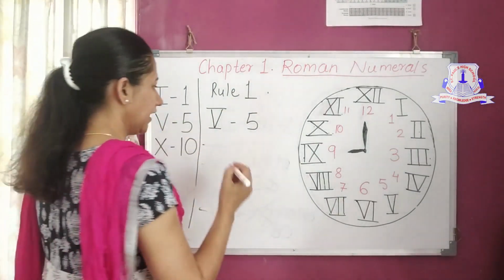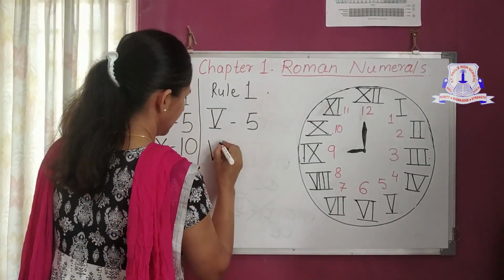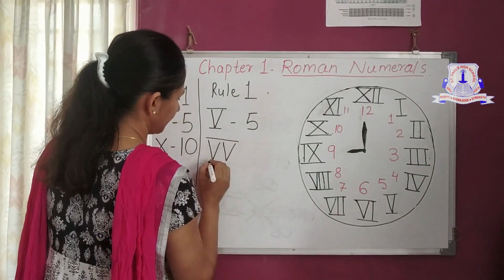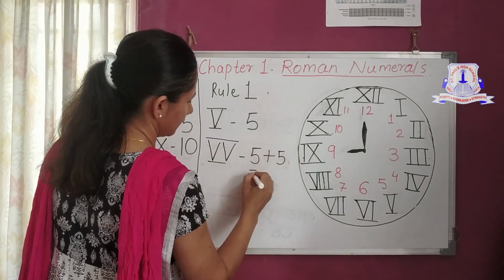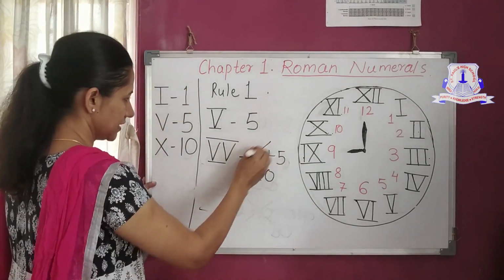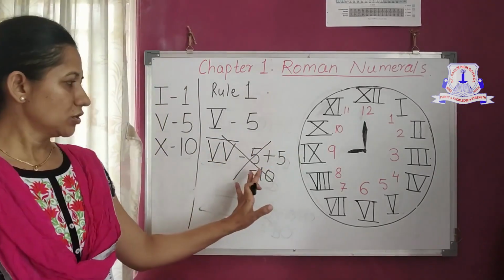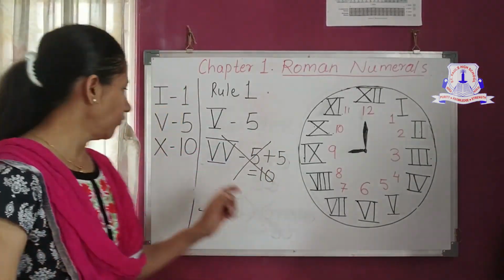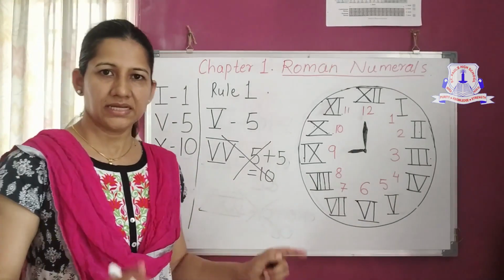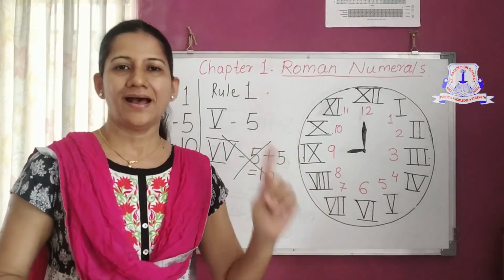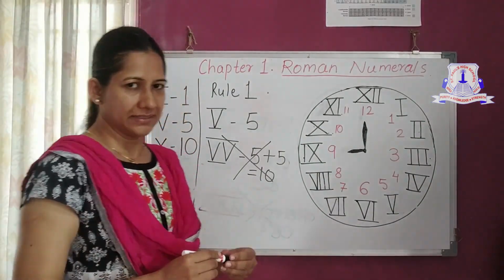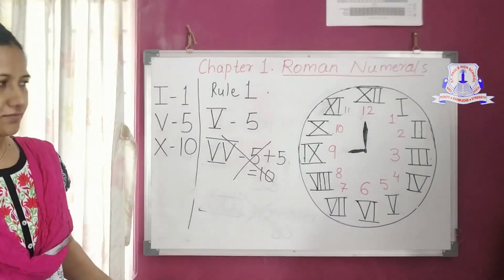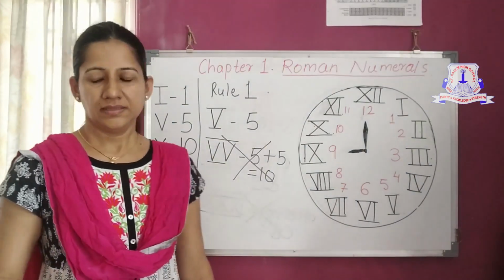Now we cannot write 2 times V and say 5 plus 5 is equal to 10. This is wrong. So this rule will not be applicable for letter V. It is only applicable for letter I and letter X as explained earlier. Is that clear to you all? Fine. We'll proceed with the next rule now.